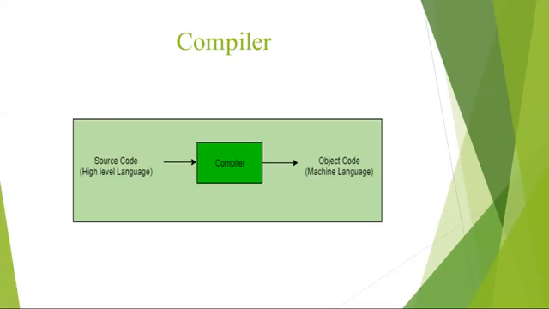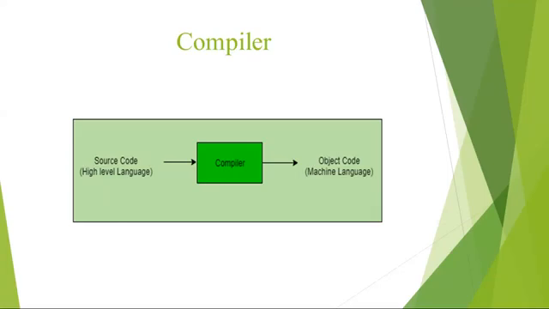Now let's see the working of a compiler with the help of this diagram. We have source code. Source code is all that code that is written by a programmer in a high level language. We know that a computer can't work with high level language, so there is a need for conversion. So compilers are used for this purpose, to convert the source code into object code. But one thing that you need to keep in mind is that the source code is converted into object code all at once.